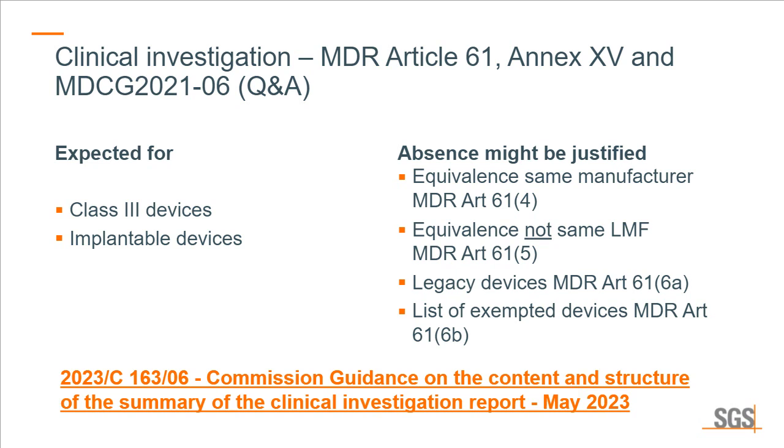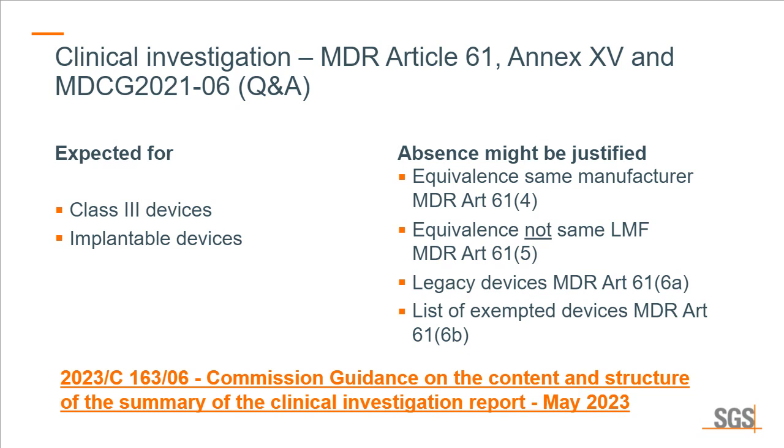There are a couple of cases where it is already offered in the MDR that you can have exemptions, and these would be if you have equivalence from the same manufacturer through some other device. You can have equivalence from not the same legal manufacturer.